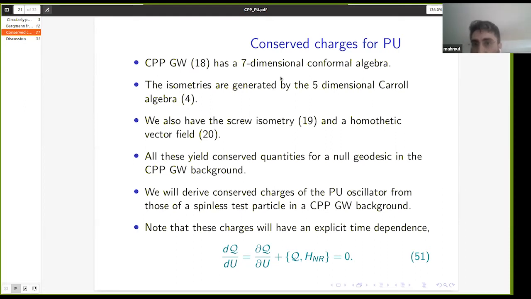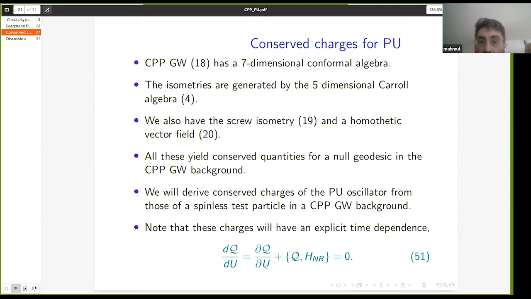For our circularly polarized periodic gravitational wave, the symmetries of the CPP gravitational wave can generate conserved quantities for our 1-dimensional Pais-Uhlenbeck oscillator. And these conserved quantities, we will see, will be explicitly time dependent.